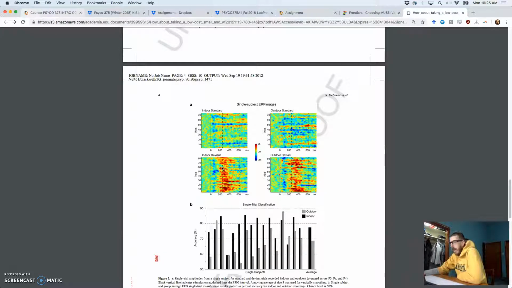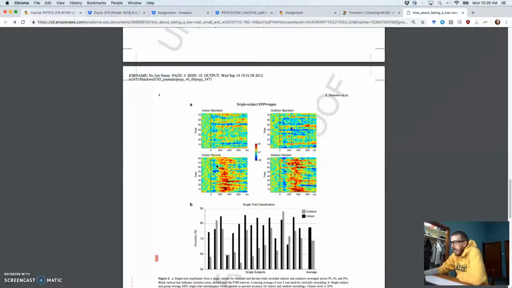And in fact, you can get a computer to classify, which is something we'll talk about after the midterm in a great deal of detail. You can get a computer to classify, to guess on any given trial, is this type of trial or this type of trial, based off how the data looks. You can train a computer, just like you can train a computer to predict other things, like what you're typing into Google.